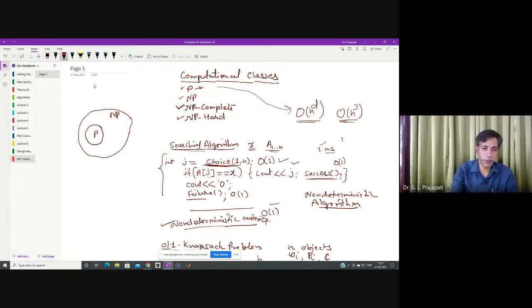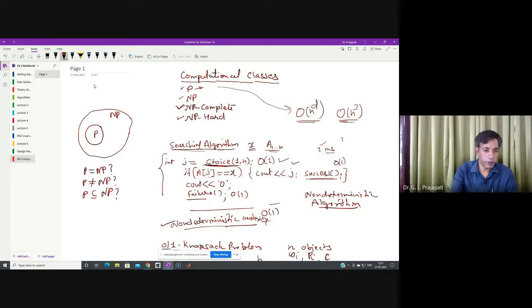And there is a biggest question still there. People are going to prove whether P can be equal to NP, or P is not equal to NP, or P is subset of NP.